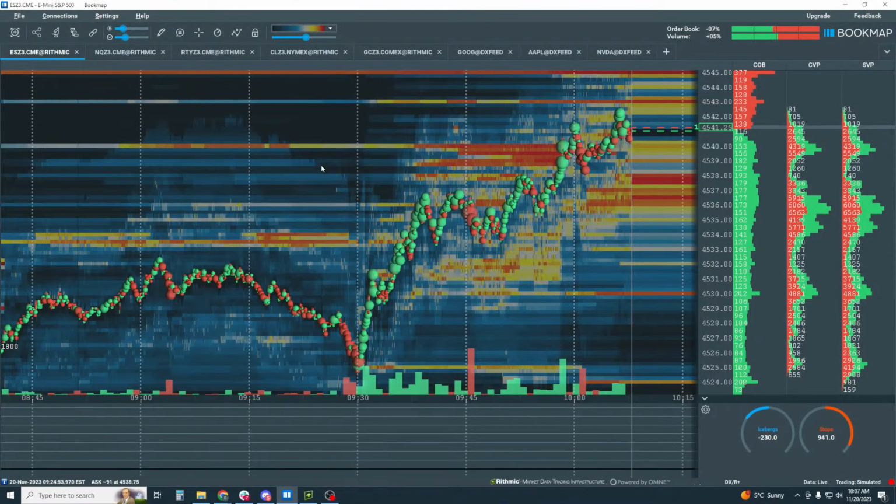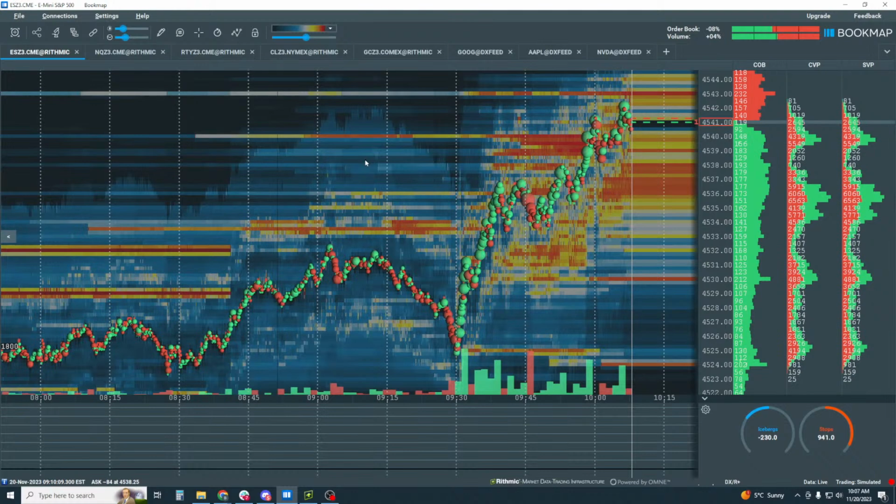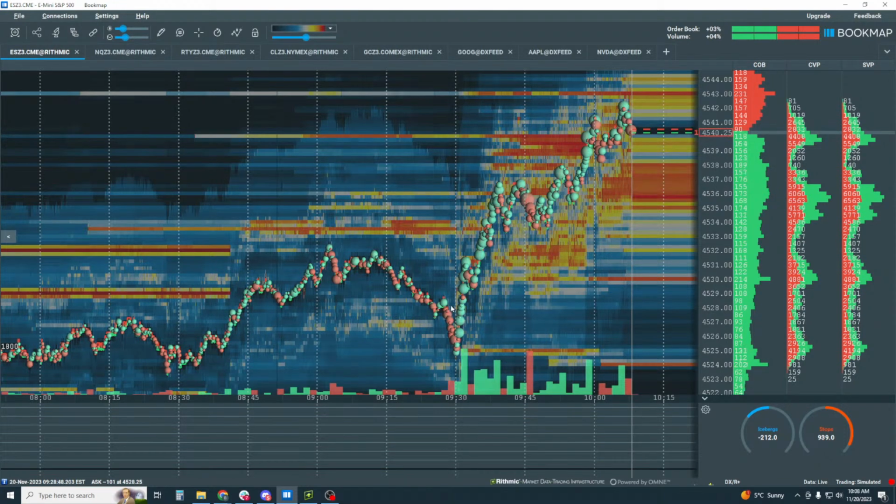All right, let's jump in and see what's going on in here. You can see the S&P for the moment here. We have the opening momentum drive to the upside. Nice move, and you can see pre-market there's some back and forth in here.